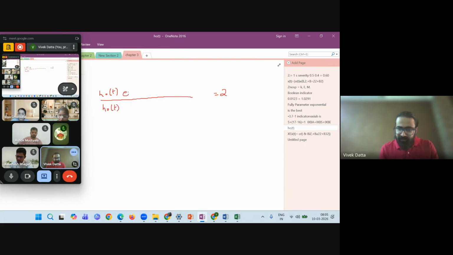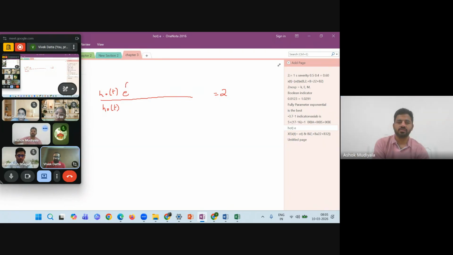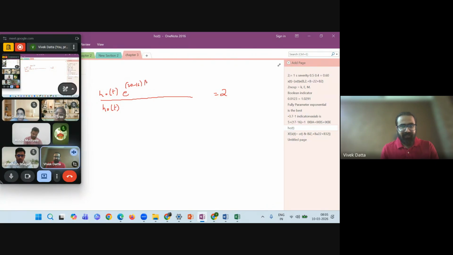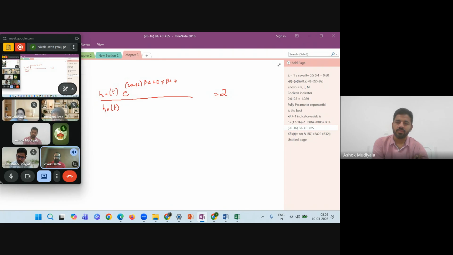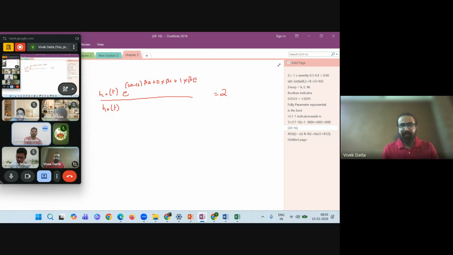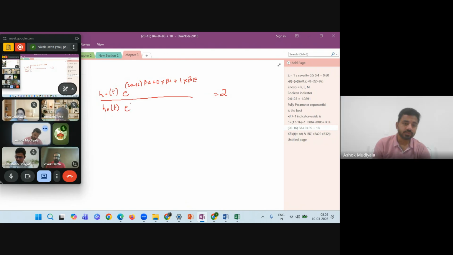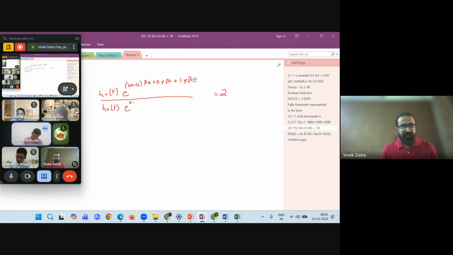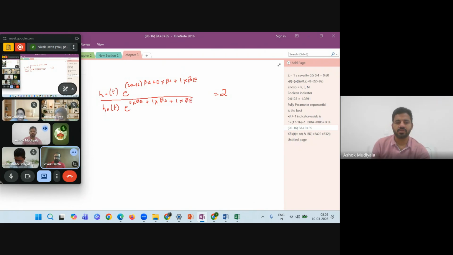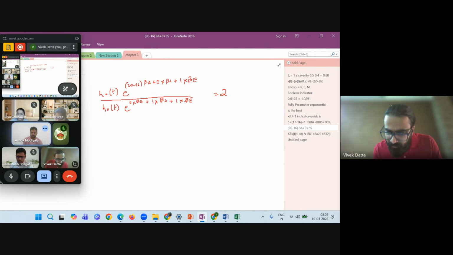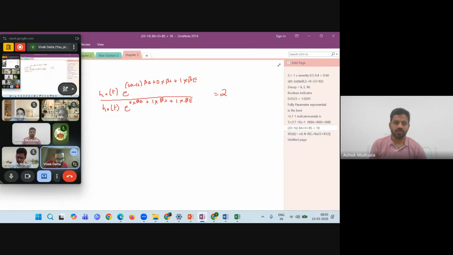Here it says females who had started claiming benefits aged 20, so we have 20 minus 16 into beta A. Now this is female, so 0 into beta S plus maths passed 1, so 1 into beta E. Here we have e raised to 16 minus 16, 0, into beta A because 16, plus male, so 1 into beta S, plus maths passed, who has also passed the maths, yes, 1.